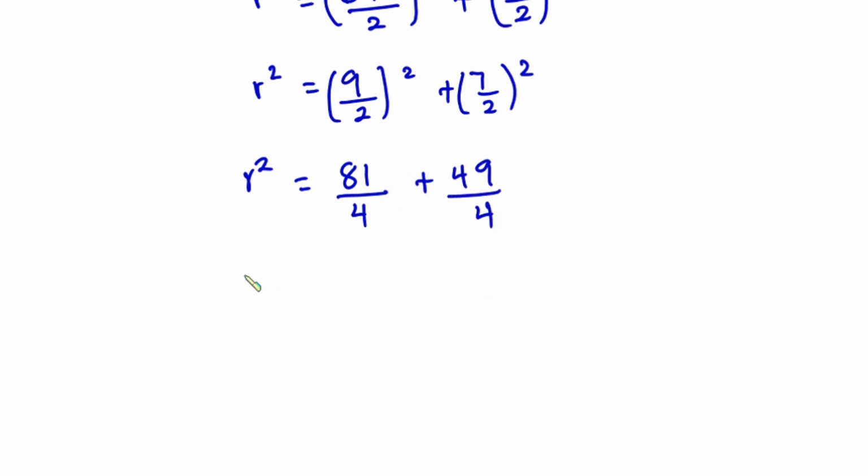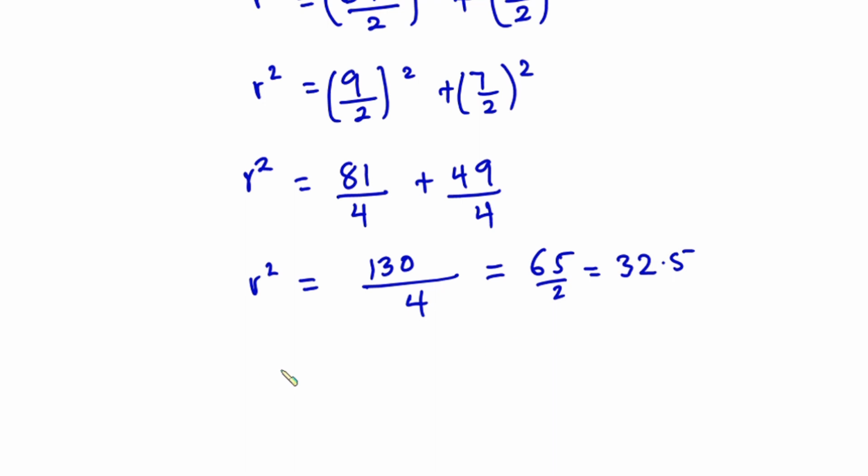Now you see that we have the same denominators. So let's write one of them as the LCM and then sum the numerators. 81 plus 49 is 130 and this is equal to 65 over 2, which is also equal to 32.5. So this implies that R squared is equal to 32.5.